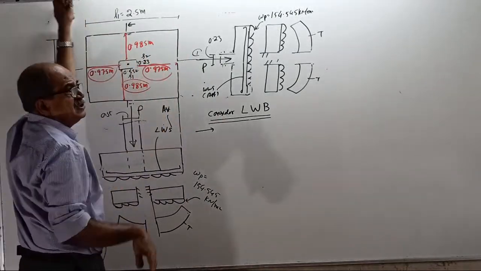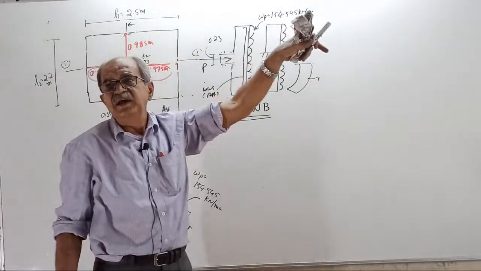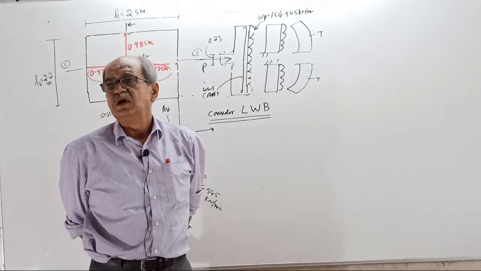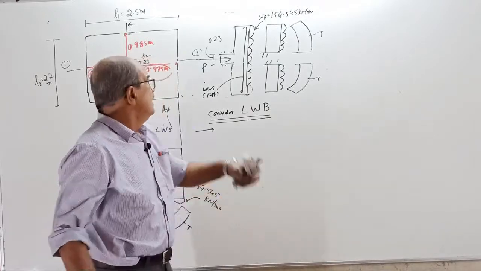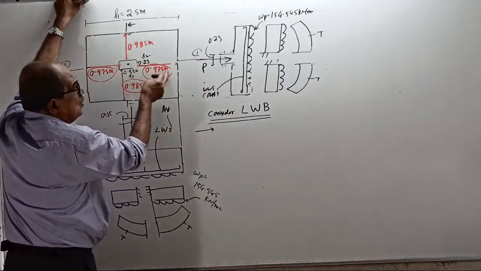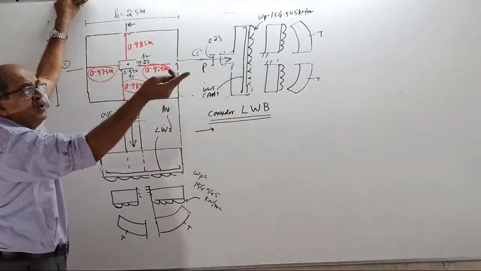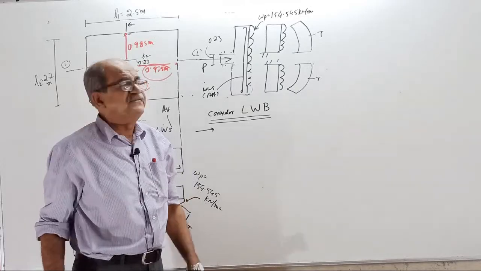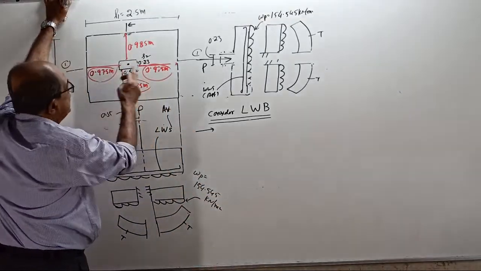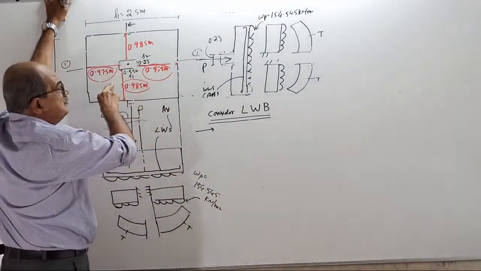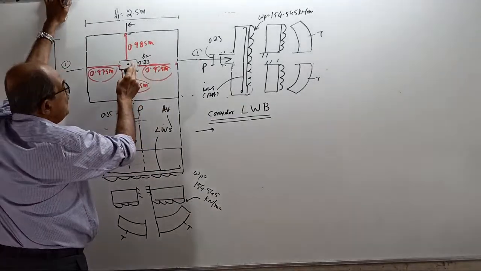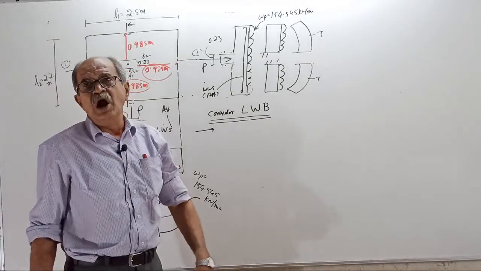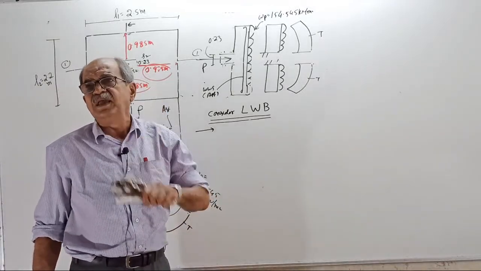So you consider the side where bending is more, bending and shear both. How to observe? If the offsets are equal, where loading is more, that side has more bending. But in some rare cases, these two offsets will not be the same because of some problem. The column may be slightly shifted to one side. Then you should not decide based only on the loading.